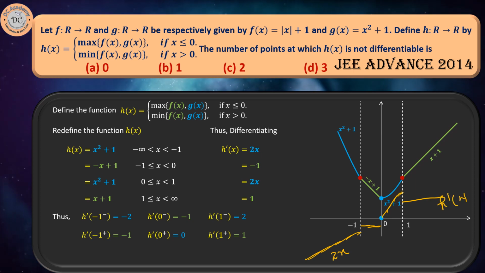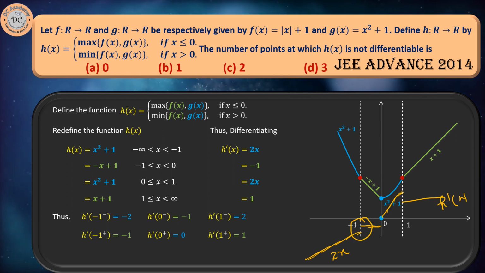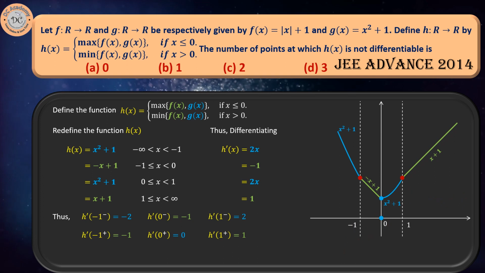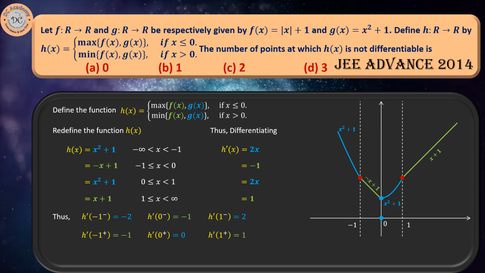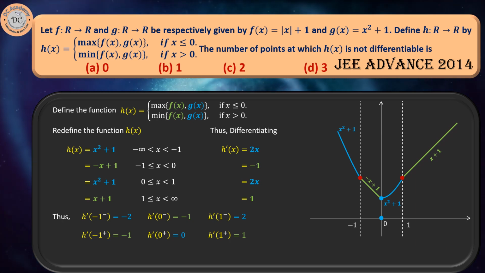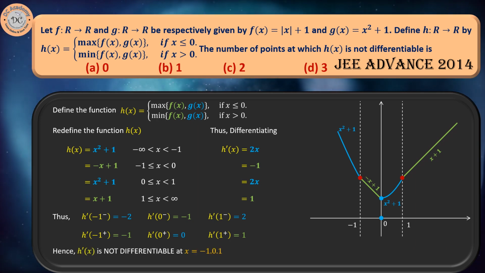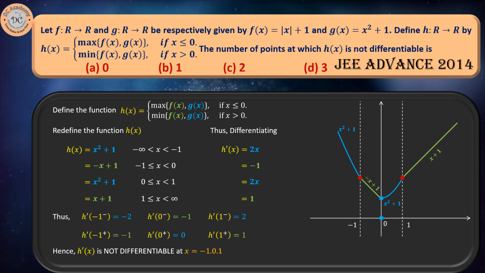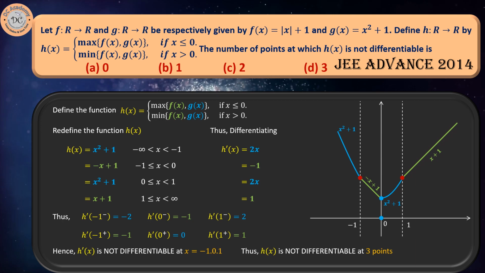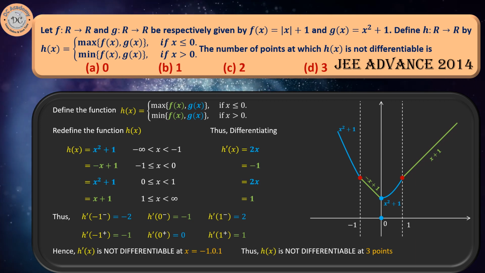Now you can easily see that h'(x) is not continuous at these points, and that's why h'(x) does not exist at these particular points. That means h(x) is not differentiable at the points minus 1, 0, and 1. So there are 3 points where h(x) is not differentiable.